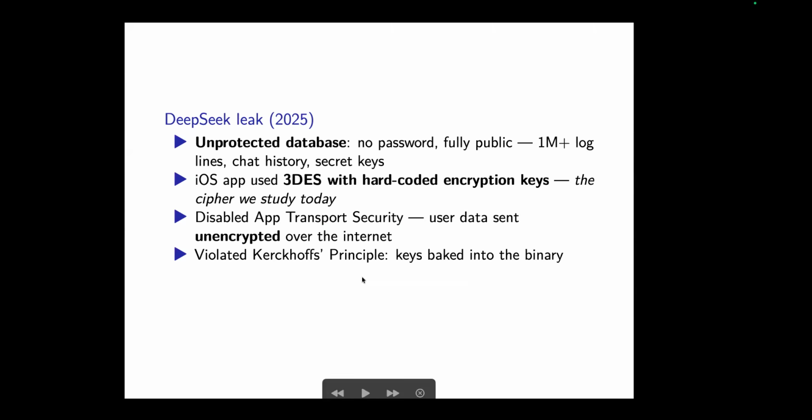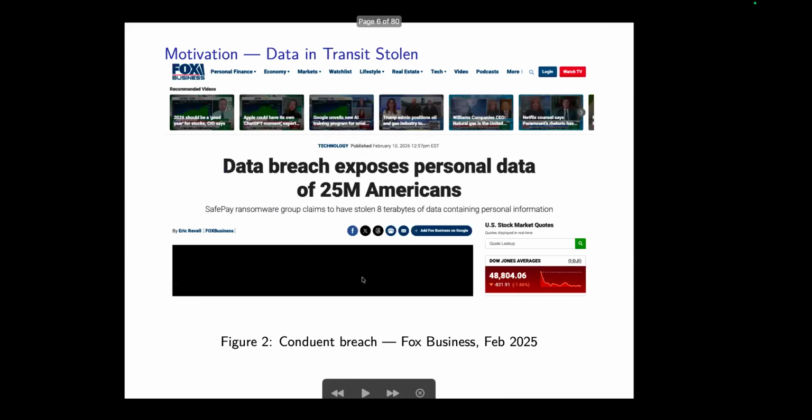So anyway, they did some bad things, and around 1 million logs were snatched by the attackers because they didn't do encryption in communication. And also the encryption in storage was vulnerable. There is another one. This one is data in transit stolen.